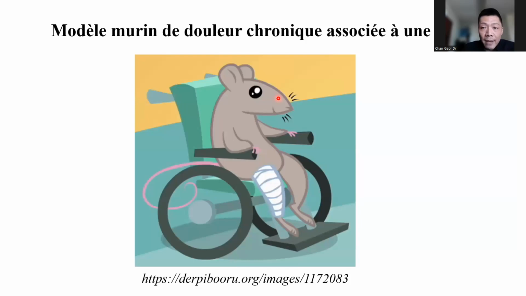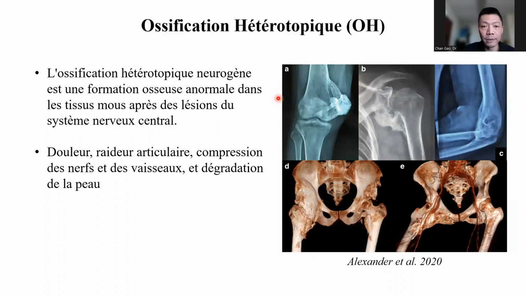My research aims to review the pathogenic mechanism of spinal cord injury-associated neuropathic pain by using the relevant animal models. As I was introduced at the very beginning, my PhD work was actually on bone. So my research program at McGill started from spinal cord injury-associated heterotopic ossification.